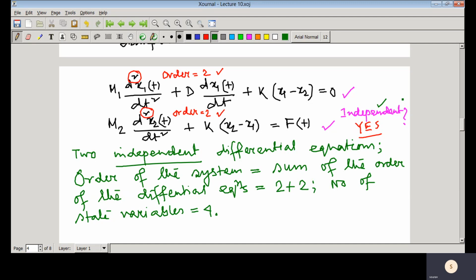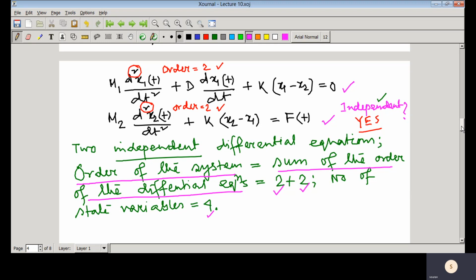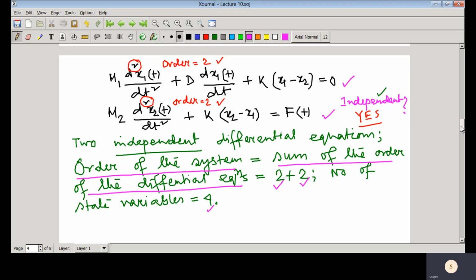Then you take the set of linearly independent differential equations, and the order of the system is equal to the sum of the orders of those differential equations. In this particular example, the orders are 2 and 2, so 2 plus 2 is 4. So the number of state variables required to represent that system is equal to 4. So the first step we have done. The second thing is how do we represent that system in state space.